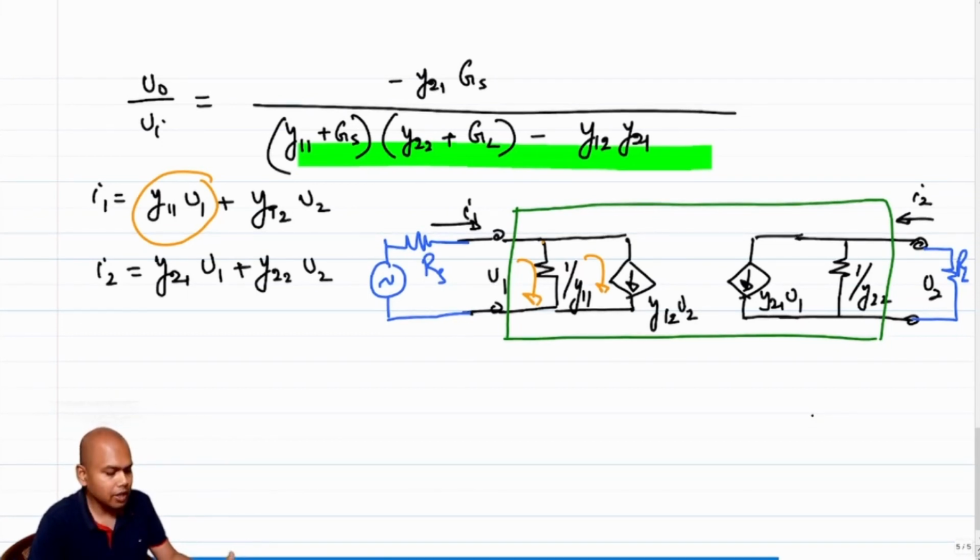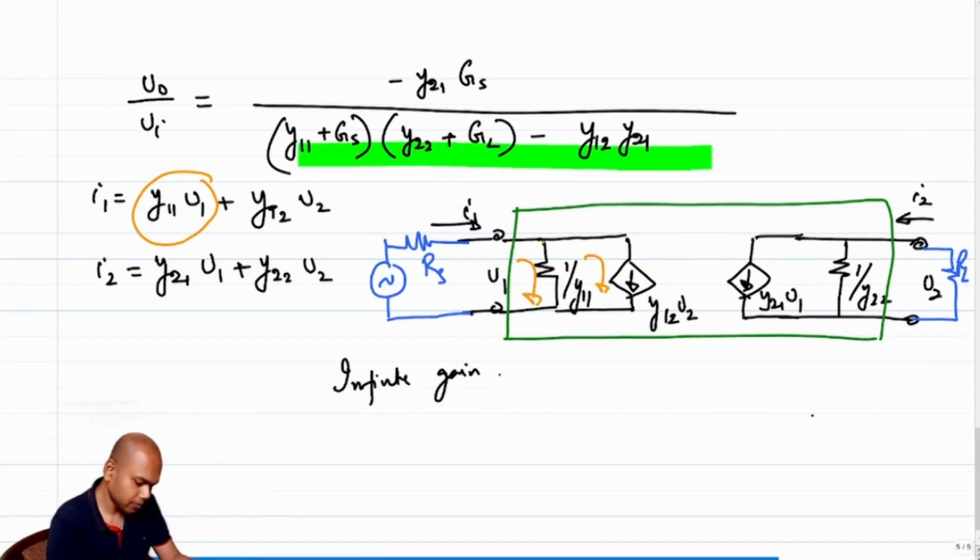So we'll have to steer clear of any such cases where we will get infinite gain. So infinite gain implies borderline instability.